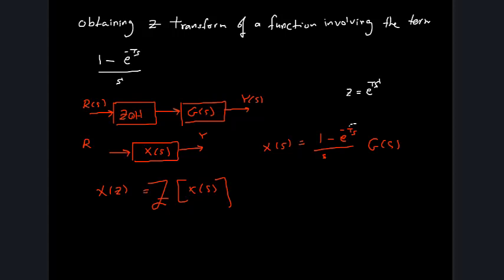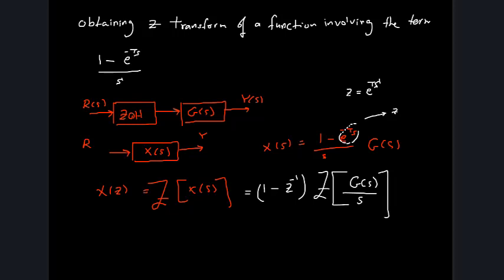So simply, this means that this term is z. So this means that X of z can be written as 1 minus z to the power minus 1. Now we need to find the z transform for the remaining part, which is G of s over s. Now in terms of z, this can be written as z minus 1 over z, times the z transform of G of s over s.